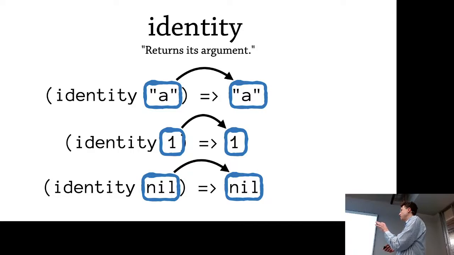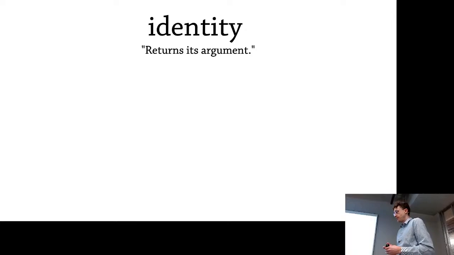And just looking at identity itself, it seems kind of obvious, but I'm sure a lot of you can think of some more interesting functions where the data flow is much more complex, and we're going to get to some of those. So just keep this idea of data flow in mind. So how would we spec identity today?